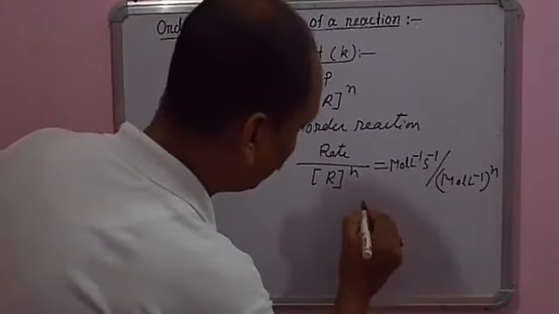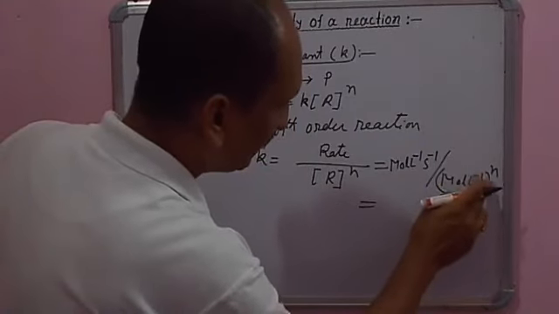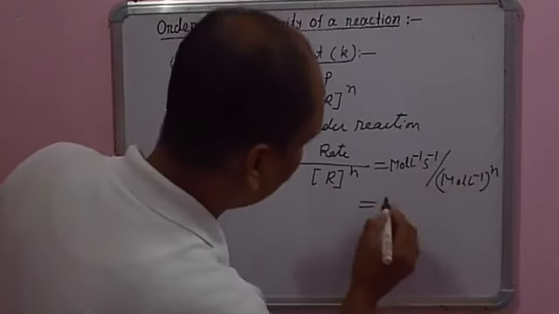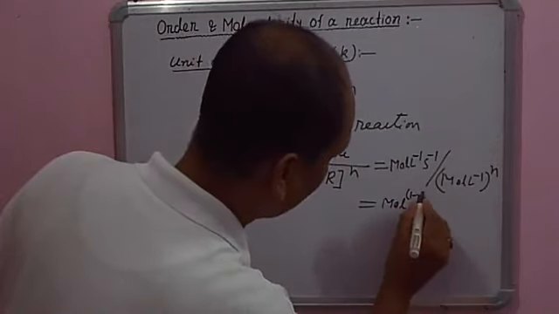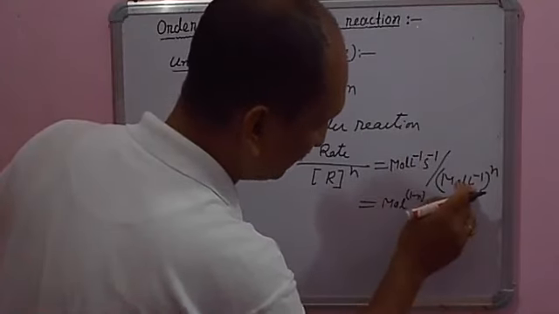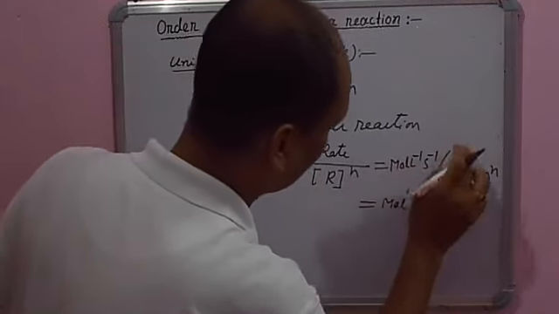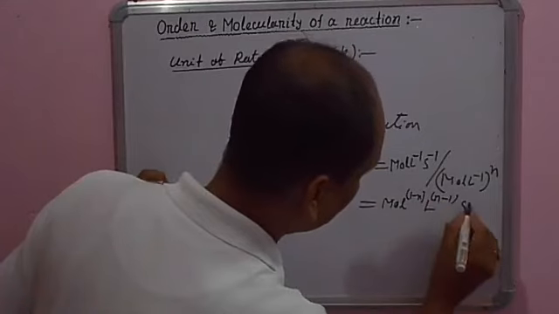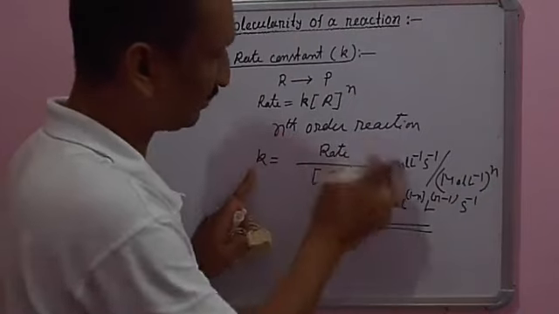So now that will be equal to mole to the power n, that if it goes up, mole to the power minus n, that means it will be mole to the power 1 minus n, and liter to the power n minus 1, second inverse. So this is the unit of the rate constant for the nth order reaction.